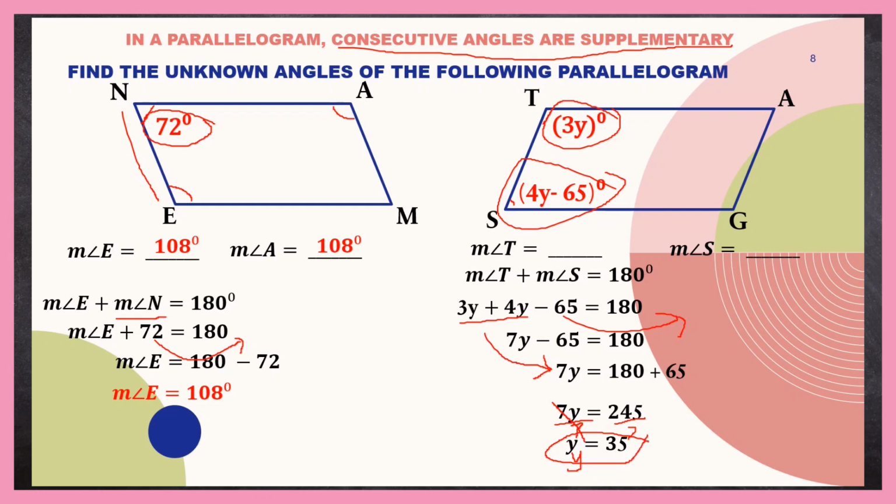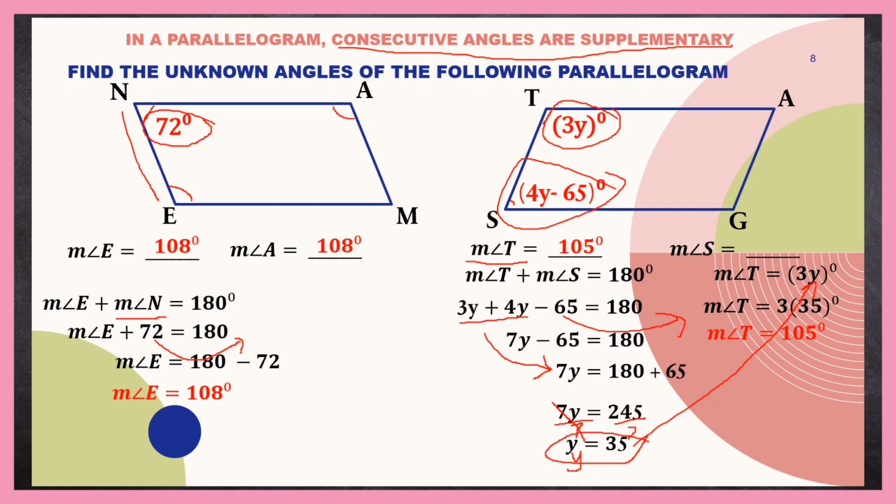Then of course, to get the measure of angle T, substitute the value of y here. So we have 3 times 35. So the measure of angle T is equal to 105. Let us write it on the blank provided.